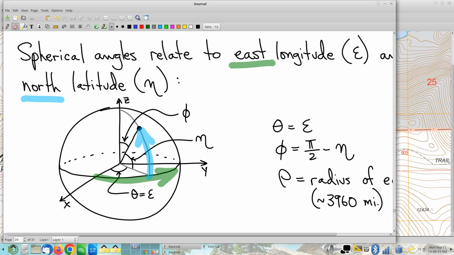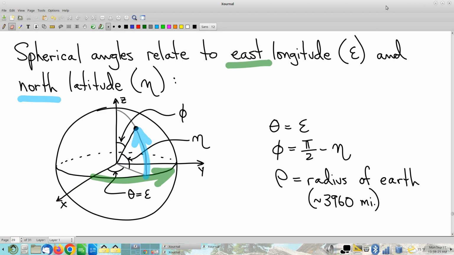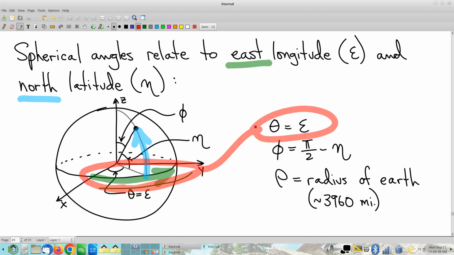A beautiful fact is that longitude is theta. You can see it right there in the picture, right? What I have in dark green here is exactly how we define the theta angle.